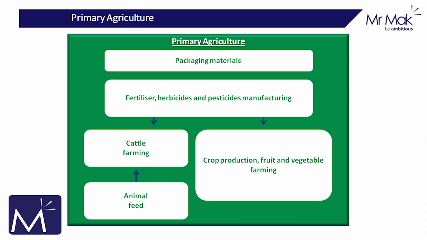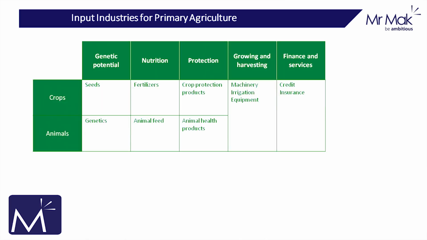In addition to generic inputs like fertilizer, seed, pesticides, this part of the value chain also requires the deployment of machinery and equipment, and also credit facilities from banks and other financing institutions. Primary agriculture produces the feedstock for the other areas further down the agriculture value chain.